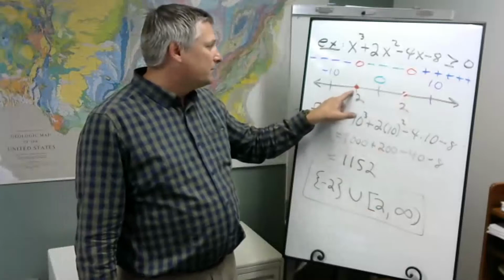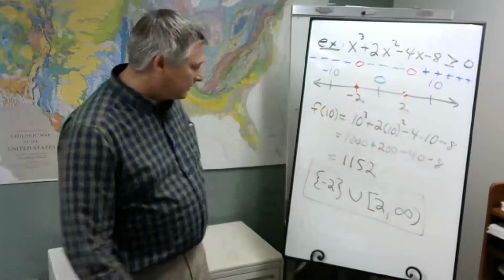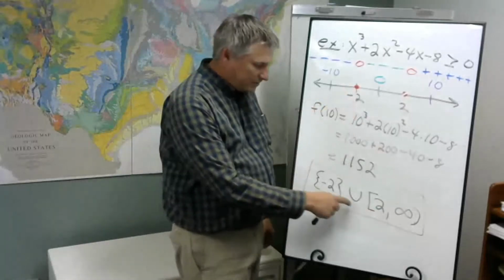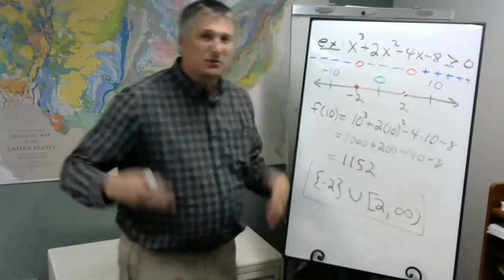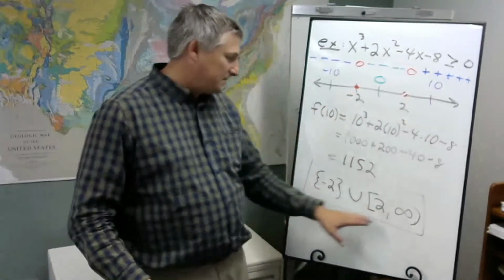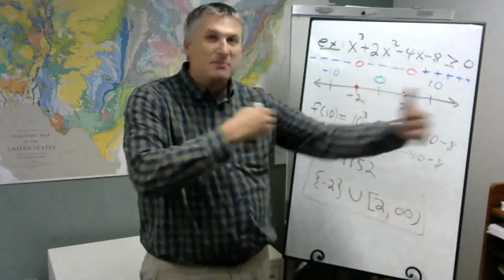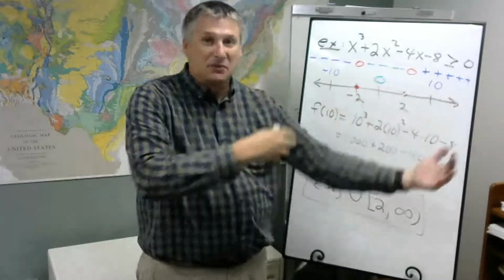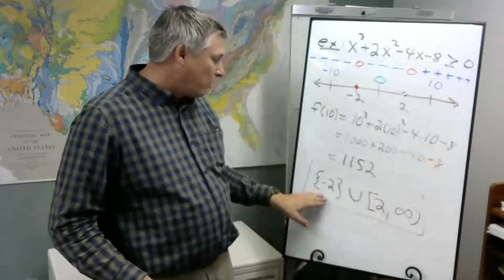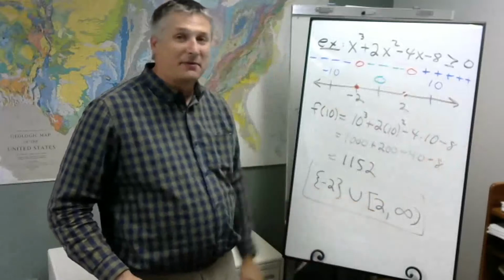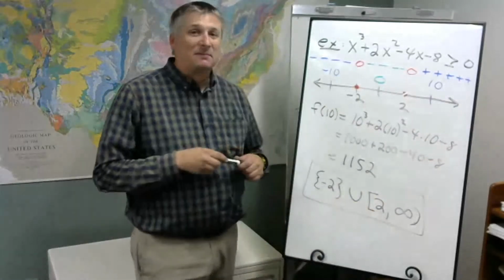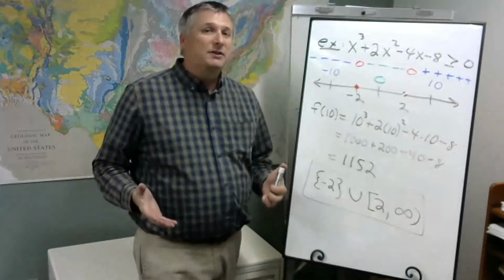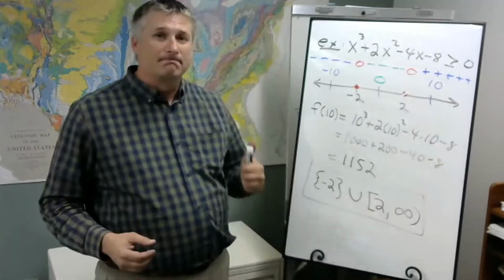It's also equal to 0 here. So this point, we need to union with this interval. Now, intervals are just sets, really. So this is just a set with infinitely many, infinitely dense numbers. And so this is just one more number we need to union to that set. And that's it. So that's inequalities of polynomials. If any questions, let me know.